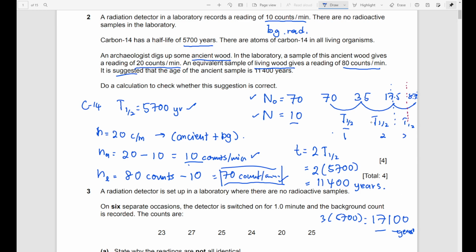As you can see, the count rate of 10 is not exceeding the value of a reading after 3 half-lives. So the age cannot exceed 17100 years. So we can confirm that the age of the ancient wood must be at least 11400 years. So you can get 4 marks for this question.